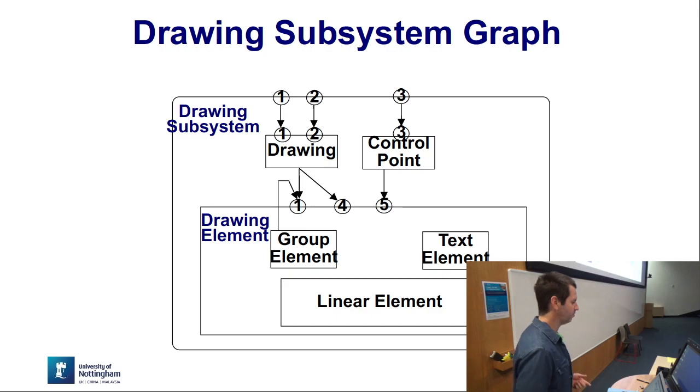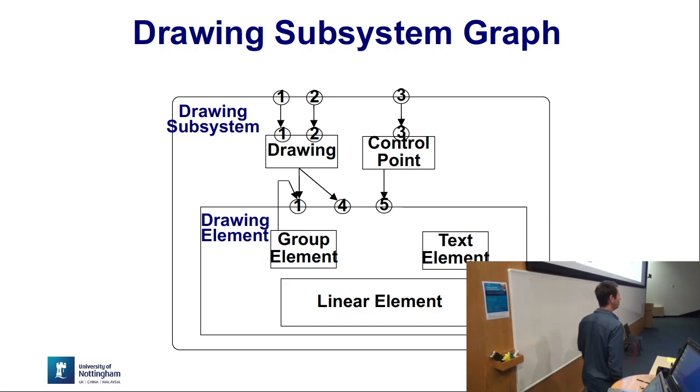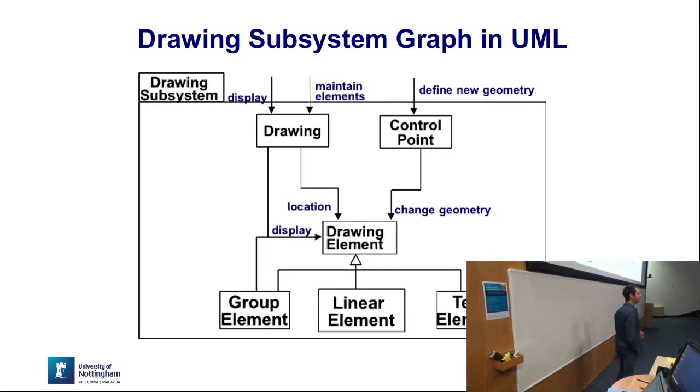Here's that same subsystem drawn in UML notation. This one's more intuitive, isn't it? Because there aren't these numbers there. We can actually see what those actions are, right?